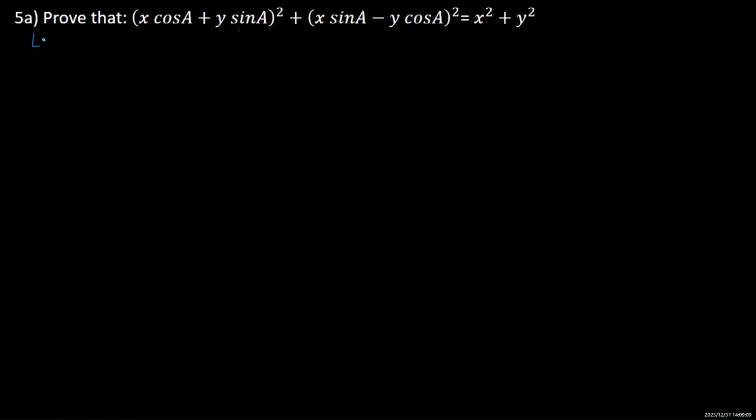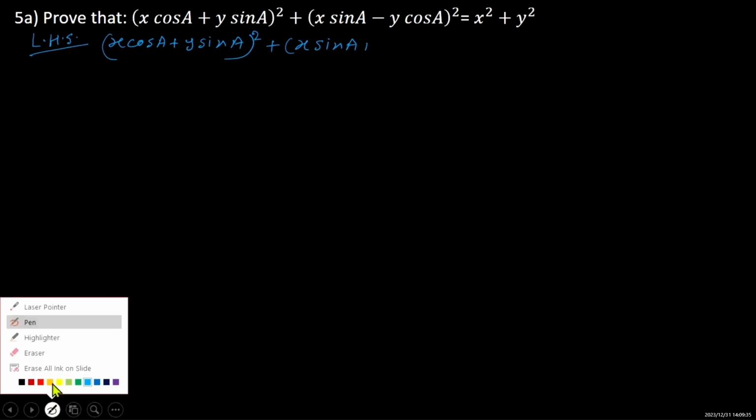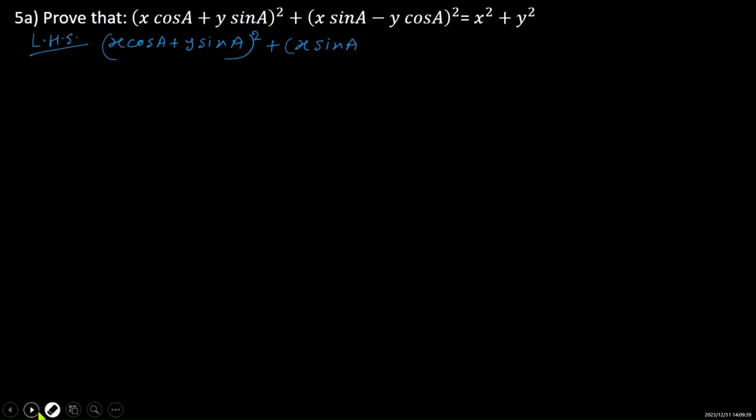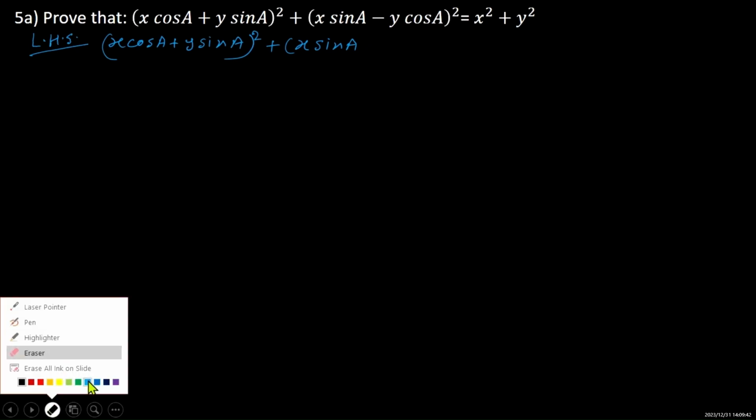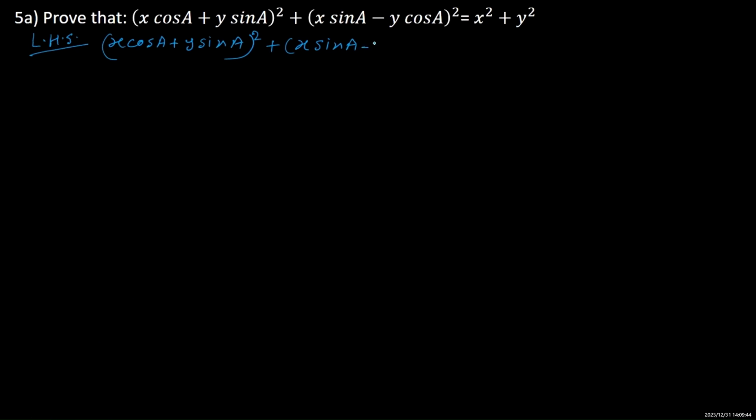LHS is (x cos A + y sin A) whole square plus (x sin A - y cos A) whole square.